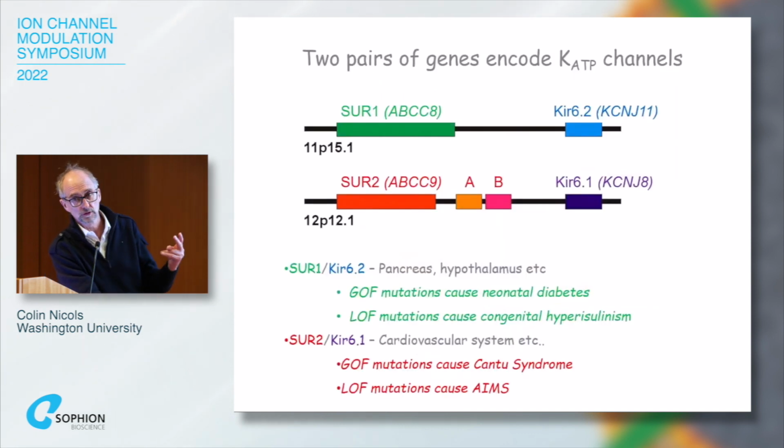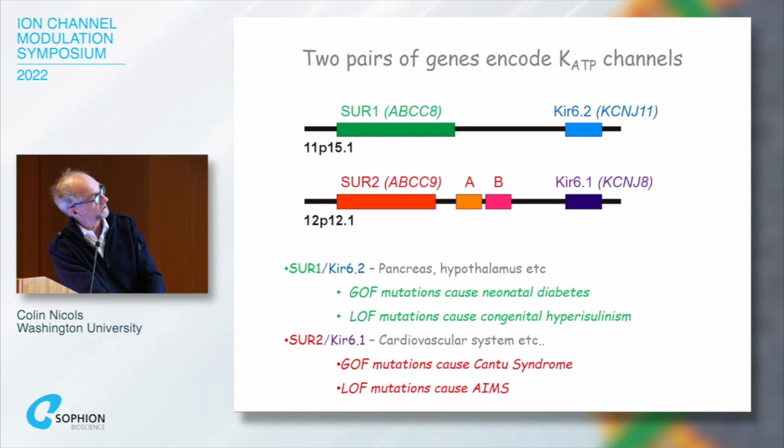There are 2 canonical pairs of genes that encode these proteins. So on chromosome 11 in humans, SUR1, which is encoded by gene ABCC8, is immediately upstream of the KCNJ11 gene, which encodes KIR6.2.